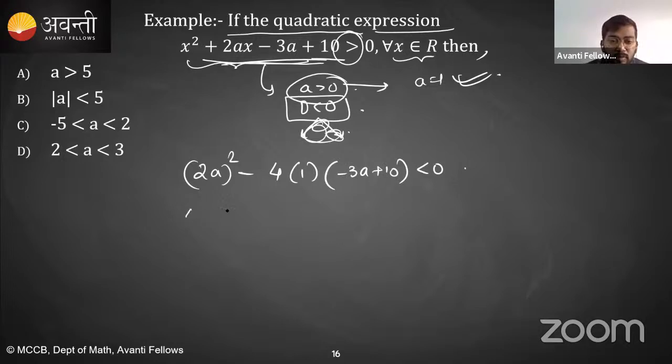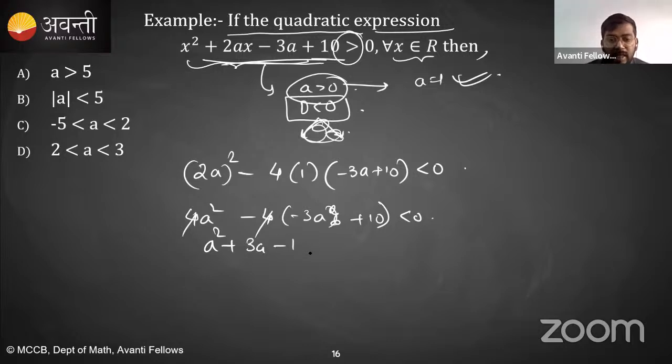So this becomes 4a square minus 4 times minus 3a plus 10, less than 0. So 4 gets cancelled. This becomes a square plus 3a minus 10. Now if you factorize, this will be (a plus 5) into (a minus 2) less than 0.